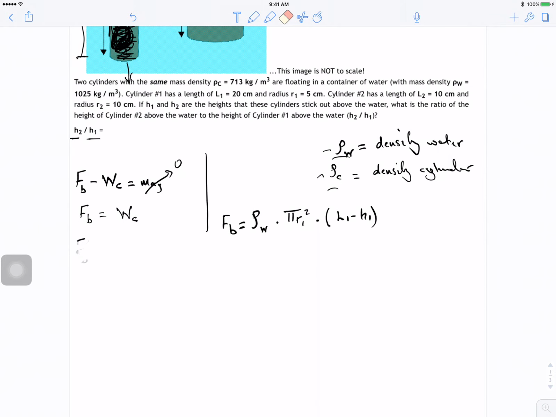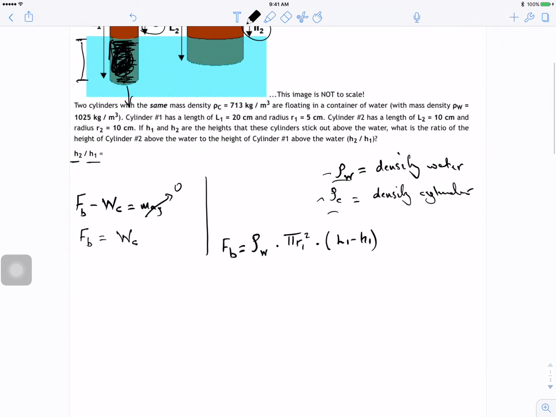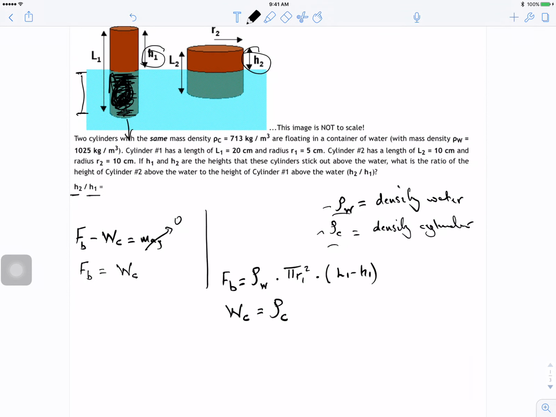Let me clear this out and let's do it again. So now, what's the weight of the cylinder? The weight of the cylinder is going to be equal to the density of the cylinder times the volume of the cylinder. The volume of the cylinder is the same thing, pi r1 squared, but the height of the cylinder is the whole height.